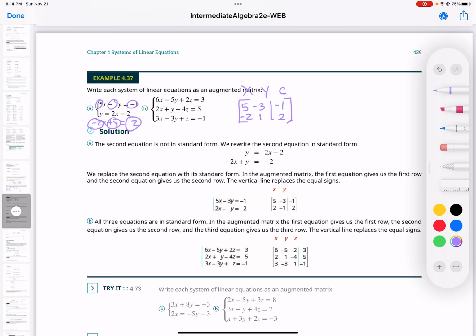And it is. So now we can go ahead and write that. We've got a 6. I'm going to just write it down for simplicity for me. -5, 1, -3, 2, -4, 1, and then our constants are 3, 5, and -1.